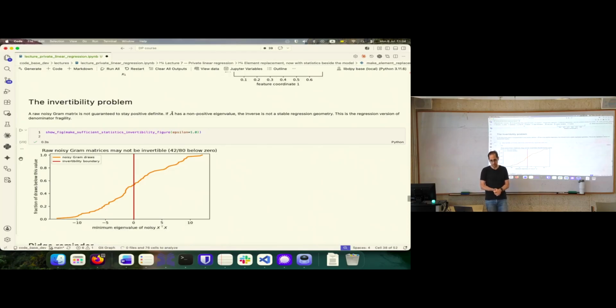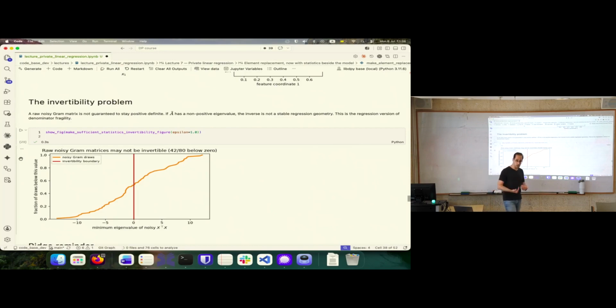What's the probability of a matrix going degenerate from noise? Well, this is exactly the plot. This is the probability of becoming invertible and non-invertible as a function of the minimal eigenvalue. Right?